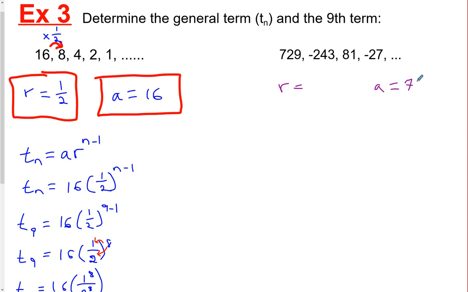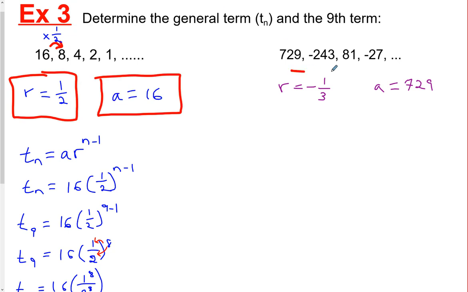That's 729. Now I notice the sign is flipping, right? This number's positive, this number's negative, this number's positive, this number's negative. So the sign is flipping back and forth. That means my common ratio must be negative. And I see each time it's getting divided by 3. That means my common ratio is going to be negative 1/3.